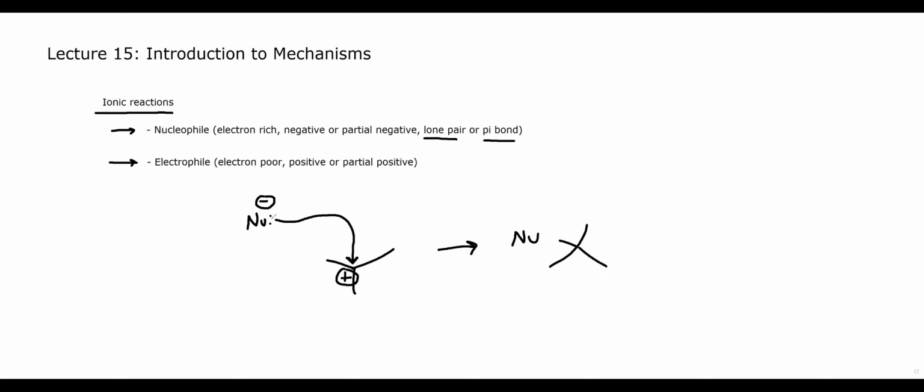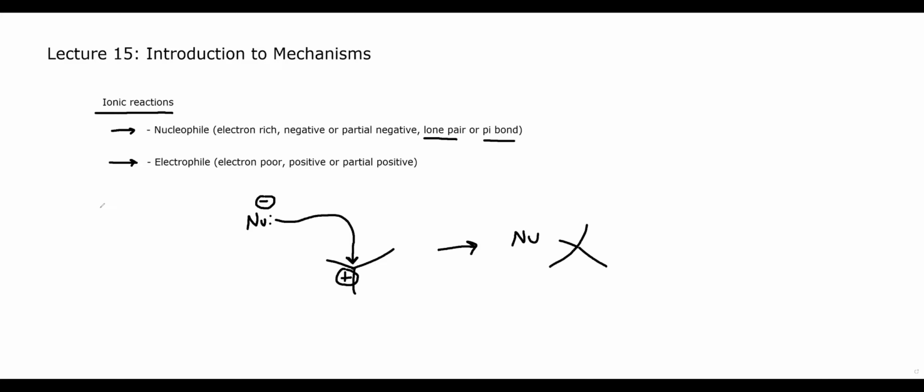Okay, so we're showing the nucleophile attacking the electrophile, and this is going to be the general process for ionic reactions. Okay, the nucleophile attacking the electrophile. Okay, so that's the general overview of ionic reactions.